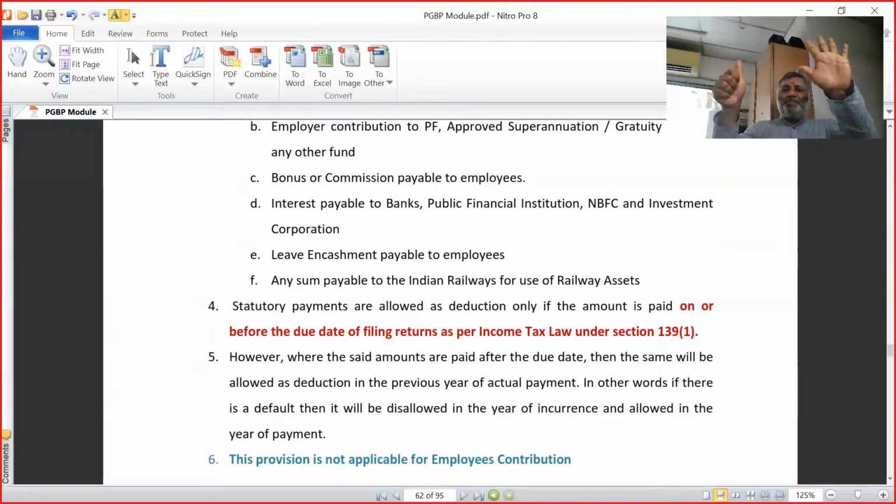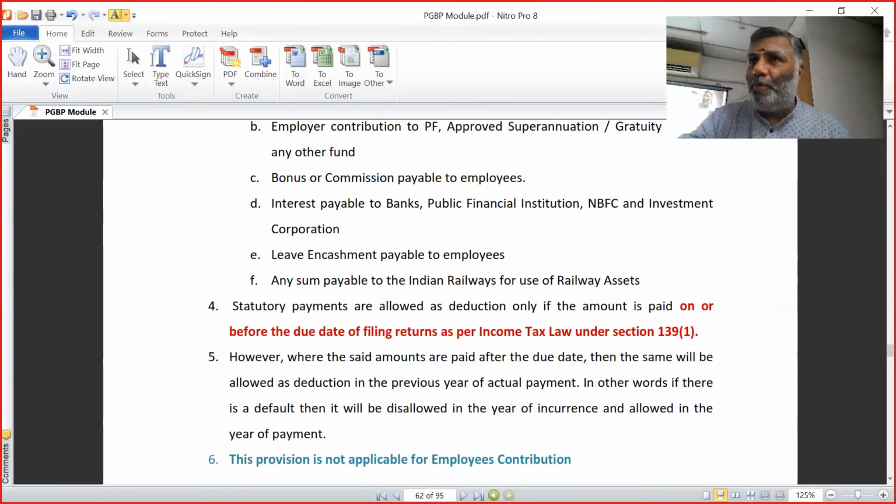Taxes or duty payable to government, employer contribution to PF or any statutory funds, payment for using railway assets, bonus or commission, leave encashment, interest. If these are due as on 31st March, you will allow it as deduction only if it is paid within the due date. Otherwise, you will not allow it.